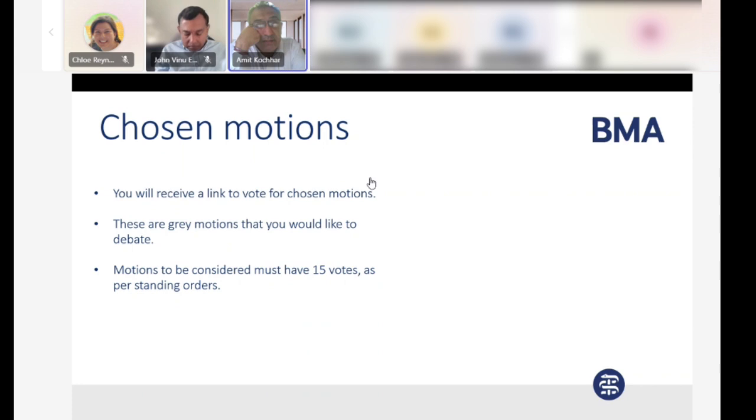And again, it's a vote that you have to make before 11 a.m. on Tuesday, the 20th. I'm pretty sure it's before 11 a.m. Because then the chosen motion section is then ordered. Otherwise, we just carry our normal debates in and give the chair a little bit of time to play around with the motions. Next slide.